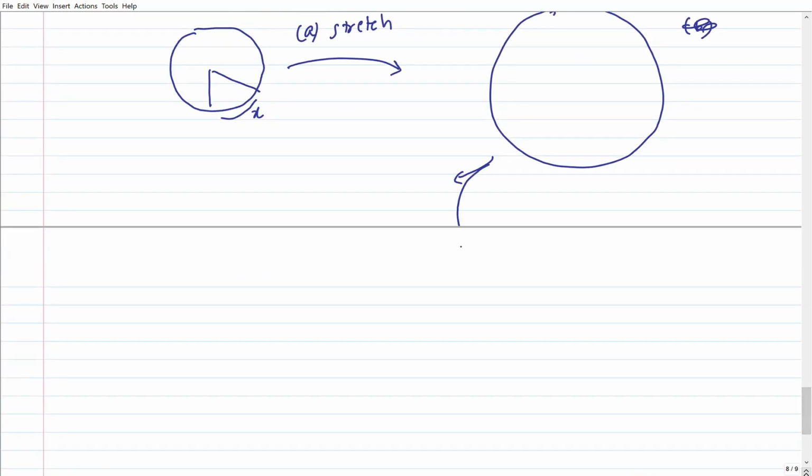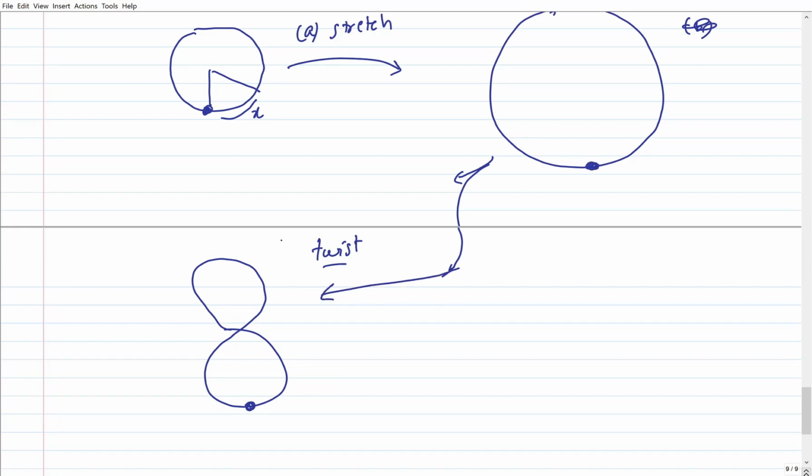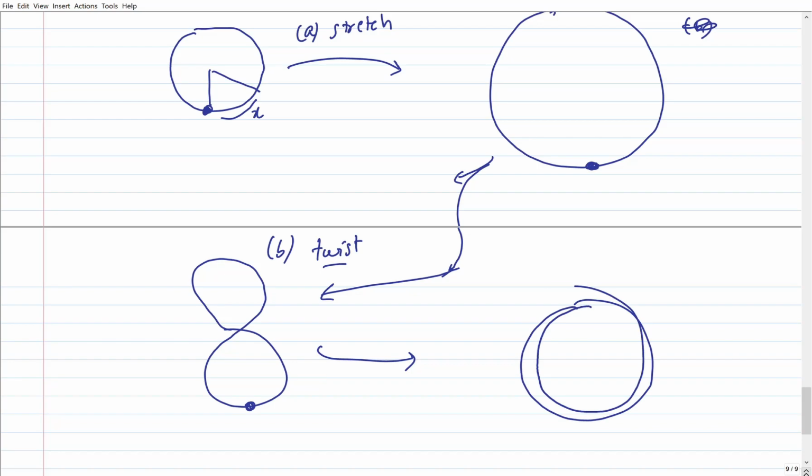Let's go on the next page. You twist the map into an 8 shape. I'll just mark one point to let you know what's essentially happening. This is the twist operation, the B part. And then you fold it back again. These points remain as they are, and this is the C fold.